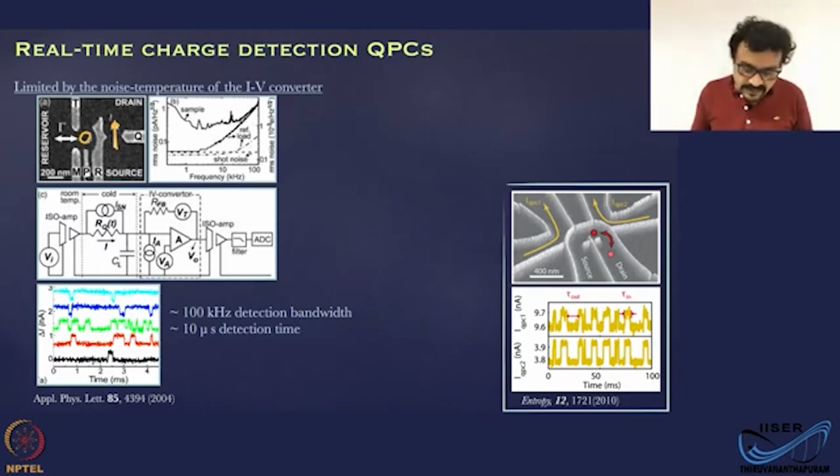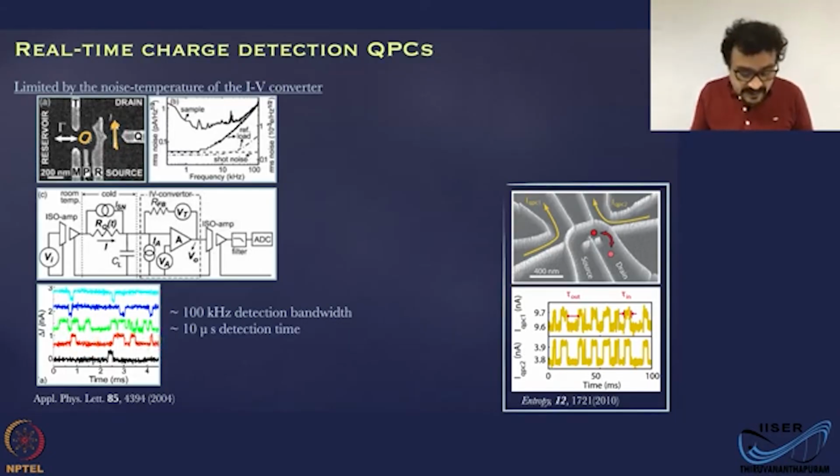This quantum dot can get charged or discharged, or the electron can tunnel in or out into the reservoir from the quantum dot, and you have a nearby quantum point contact channel, and the current can show a random telegraphic signal.